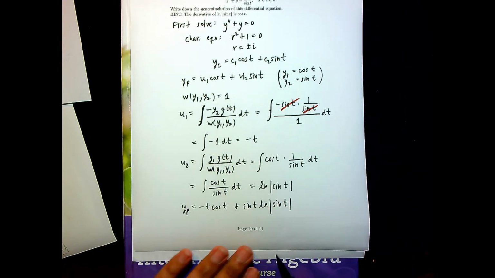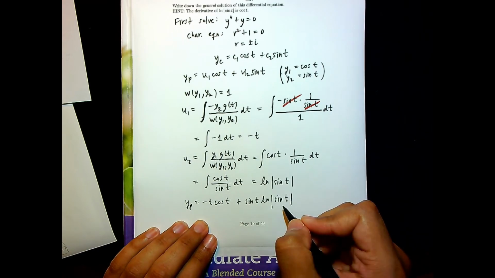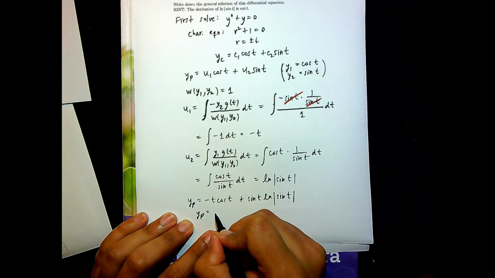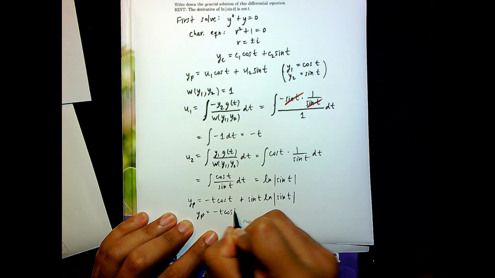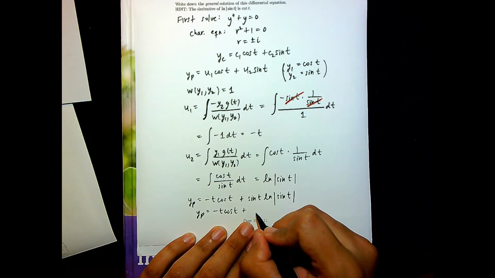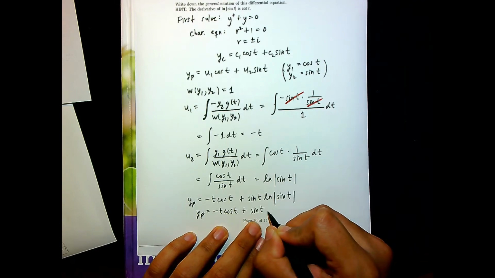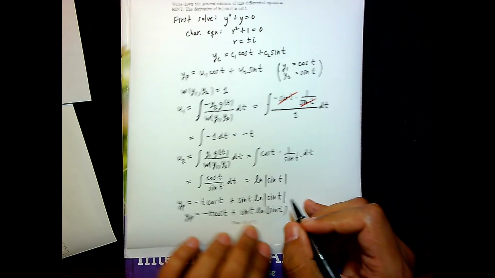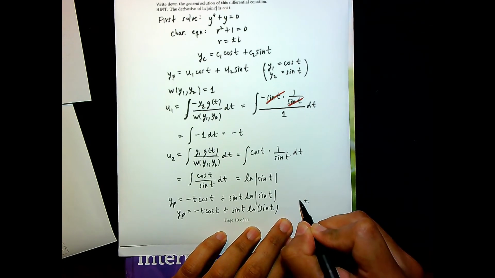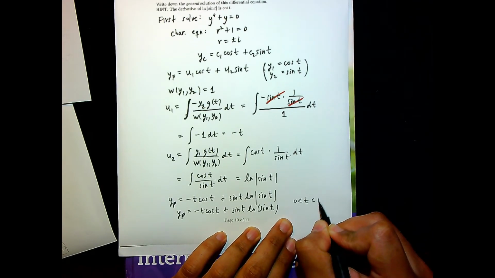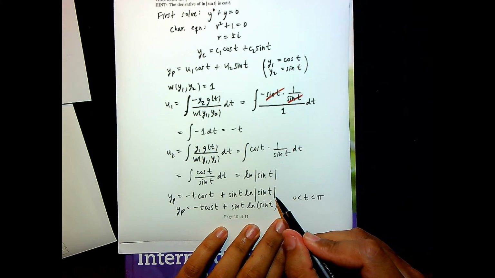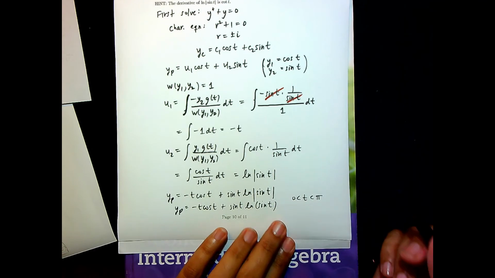That is positive. So actually, you don't really need these absolute values. So that means the particular solution is just negative t cosine of t plus sine of t ln parentheses sine of t, right? And again, that's because t is between 0 and pi. So between 0 and pi, sine is positive, so you don't need the absolute values.